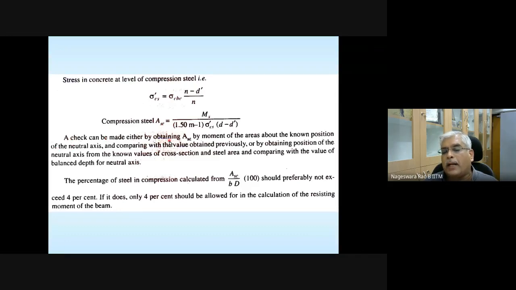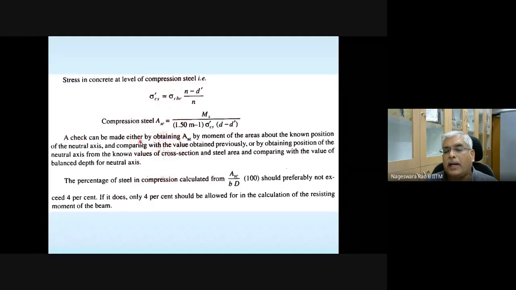A check can be made either by obtaining ASC by moment. You can also obtain ASC, the area of compression steel, by equating the moment of the total area in compression to the moment of the total area in tension. And then you can compare. So that is what is mentioned.